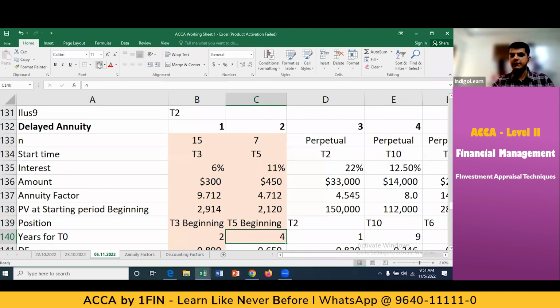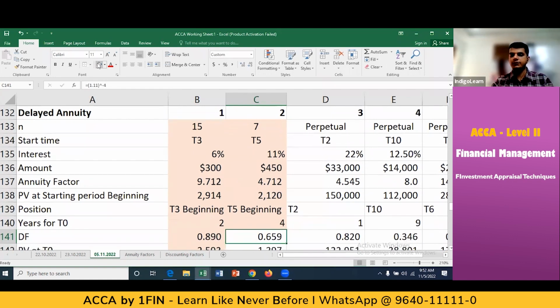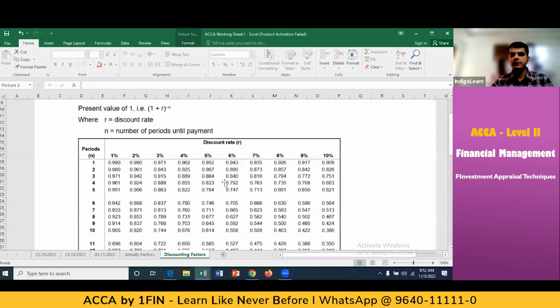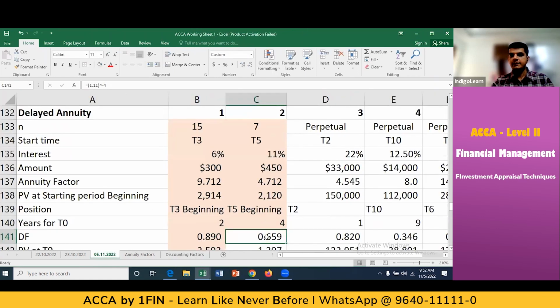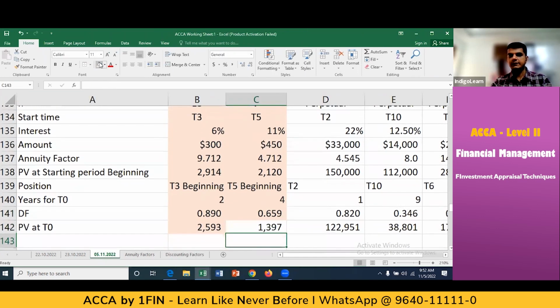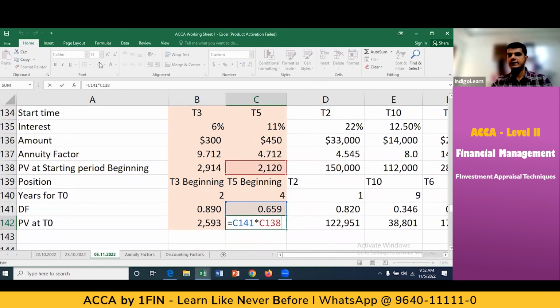The interest is 11%, the discounting factor for 4 years is 0.659. We'll put it here and get the present value at year 0, that is the present value at T5 beginning into the present value factor for 4 years at 11% interest.